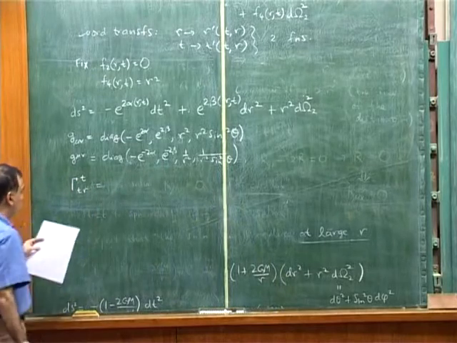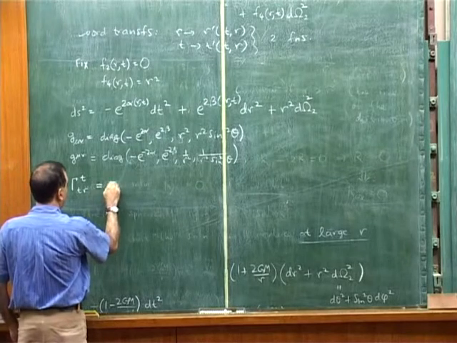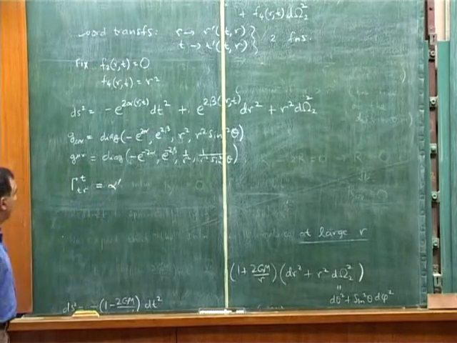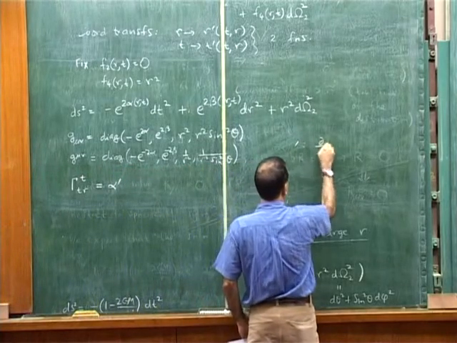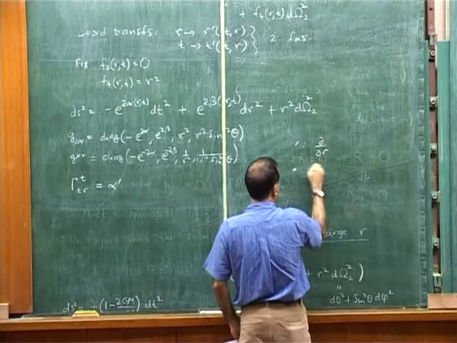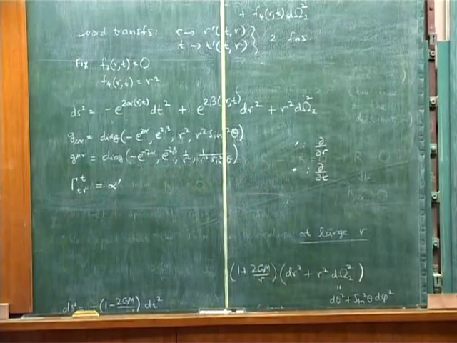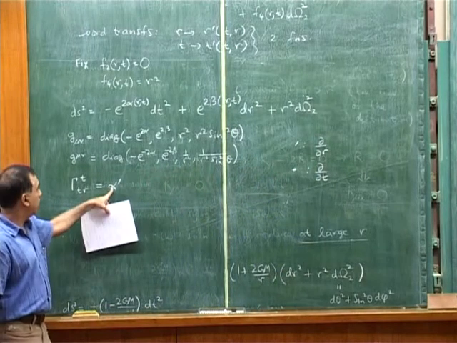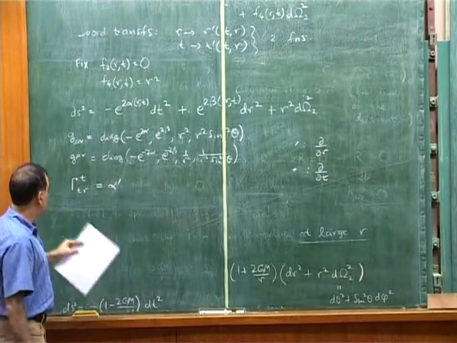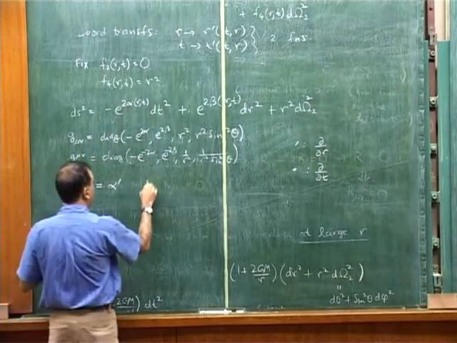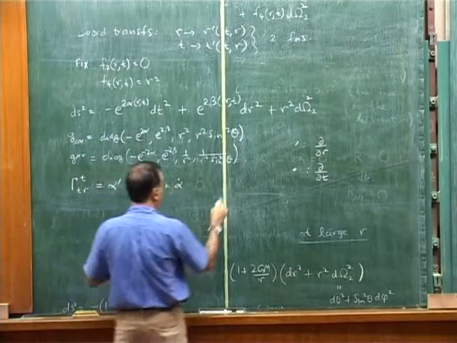But let's see the answers for all the Christoffel symbols. So here is a particularly simple one. You get alpha prime. So here prime means d by dr and dot means d by dt. So much easier to write the formula once you agree on that convention. So this is the partial derivative with respect to r of alpha of r and t. Okay, so that's gamma t t r. Gamma t t t comes out to be alpha dot.